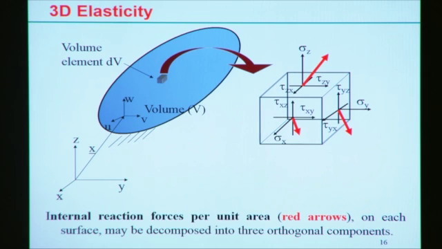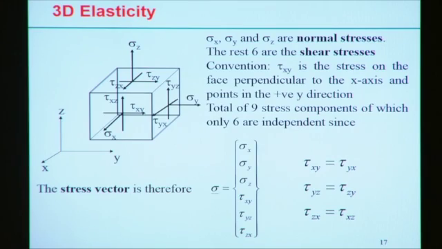That means 3 are the normal stress components and 6 are the shear stress components. Here sigma x, sigma y and sigma z are the normal stresses, but the rest of the 6 are the shear stresses. It's a convention like that.